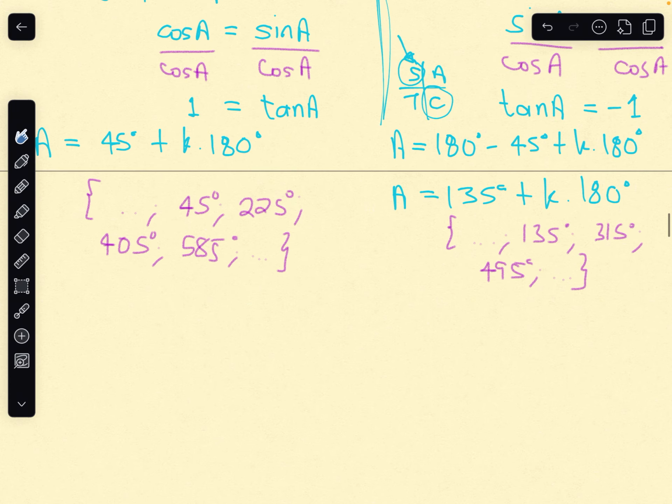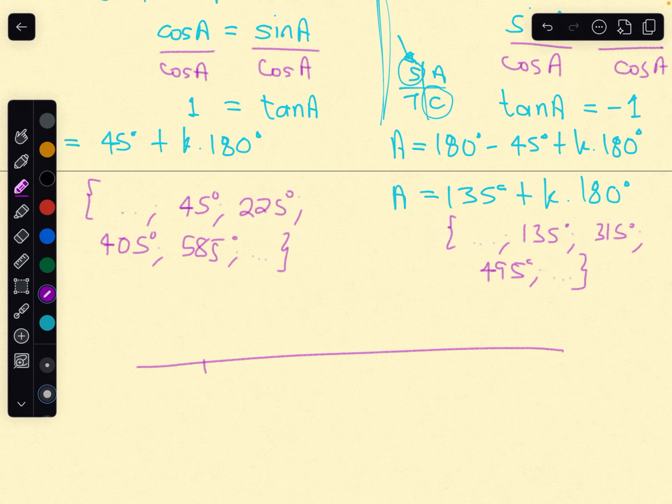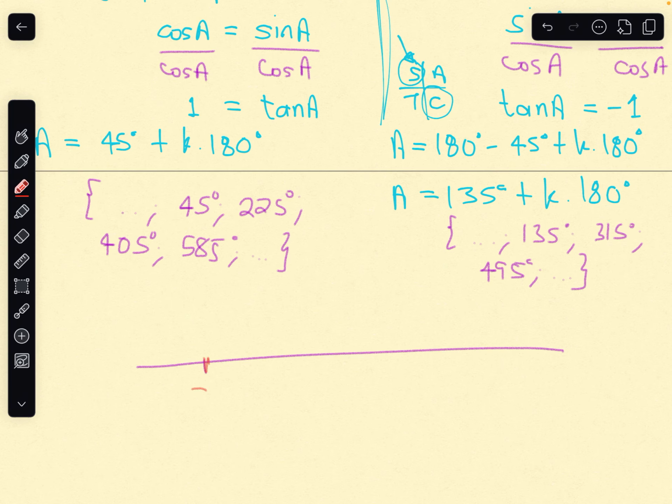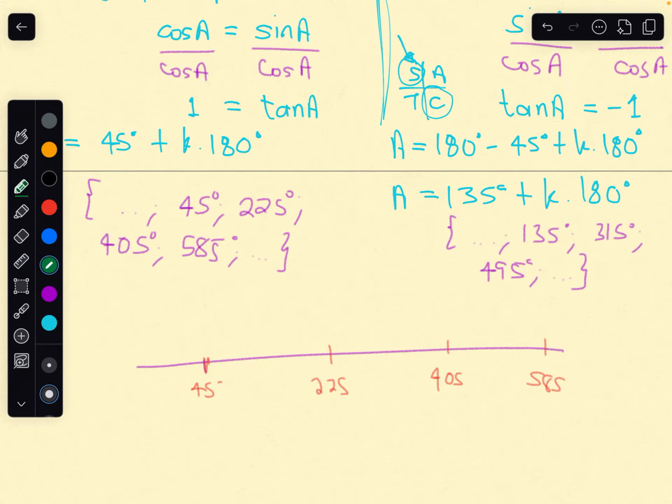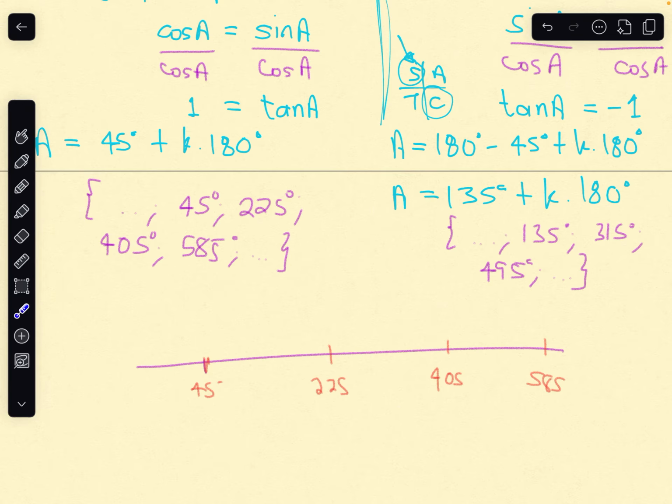And if you look at those together on a single number plane, this would be 45, and then 225, and then 405, and then 585, and from this set of solutions we would have 135, and then next up we have 315, and then next up we have 495.